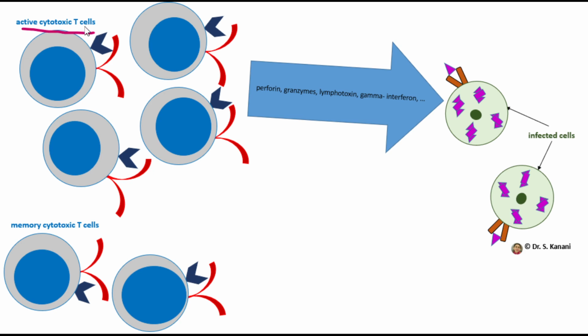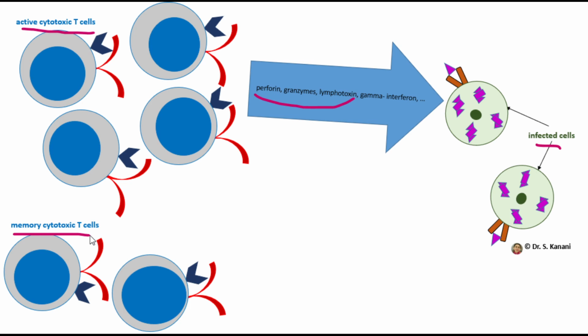These are the cells that basically migrate to the infected tissues to identify the infected cells, and then by releasing different types of chemicals, they kill and destroy the infected cells. The other group that we get would be referred to as memory cytotoxic T cells. In this battle, memory cytotoxic T cells do not get involved, and that's the main reason they do not die.